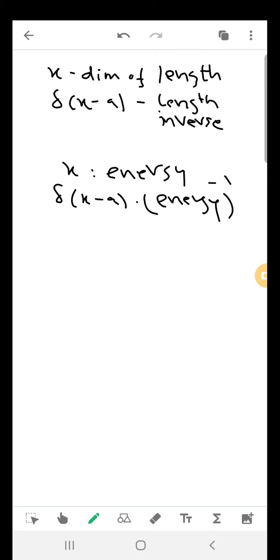Now there are many ways by which we can represent the delta function.